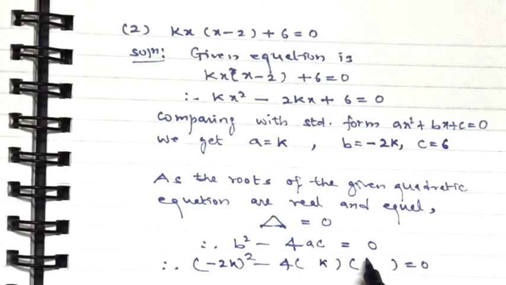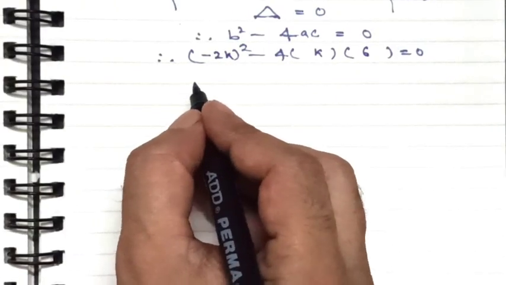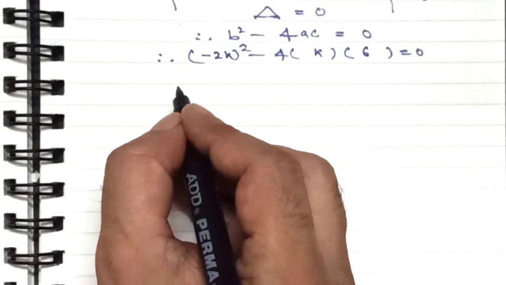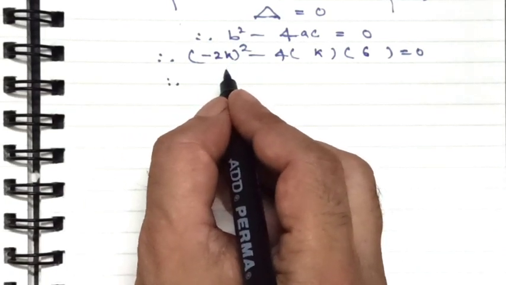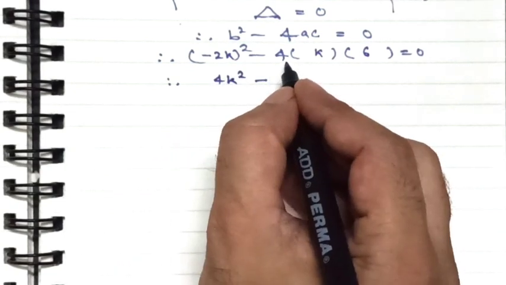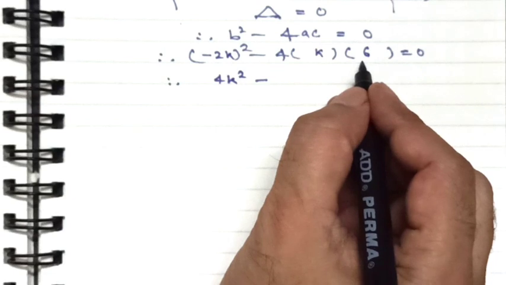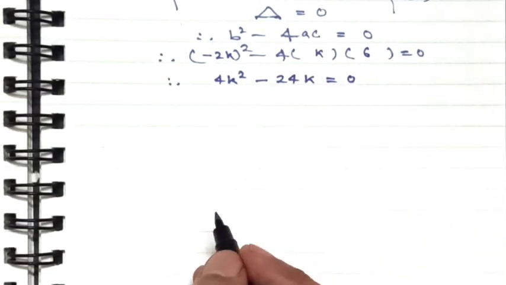And what is your c? c is 6. Now simplify. Therefore minus 2k square is 4k square minus 24k is equal to 0.